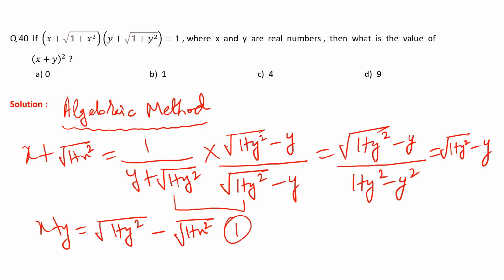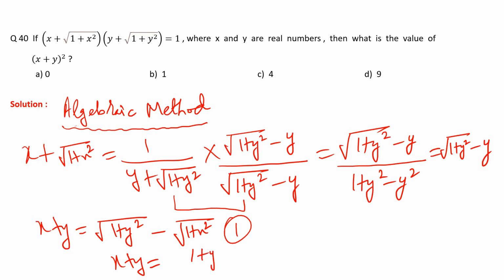Now what do we do? We simplify this equation further by rationalizing the term on the right hand side. That means we'll be multiplying the term on the right hand side up and down by its conjugate. And conjugate is going to be square root of 1 plus y square plus square root of 1 plus x square. So again we'll be applying the identity a square minus b square in the numerator.